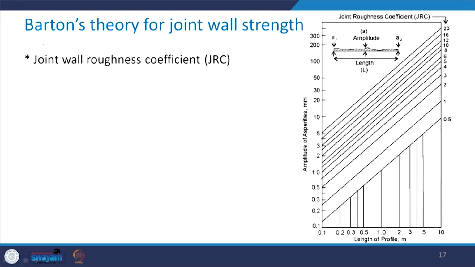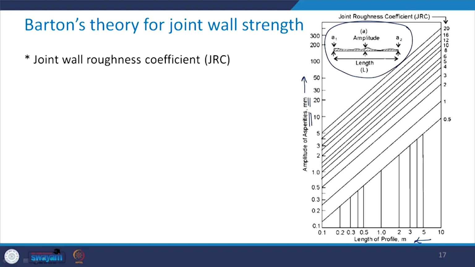Coming to the joint wall roughness coefficient, this we did not discuss at that time. This is how the joint wall roughness coefficient JRC can be determined. On this axis you have the length of the profile in meters, and on this axis you have the amplitude of asperities in millimeters. What do we mean by these two things? Take a look at this small figure.